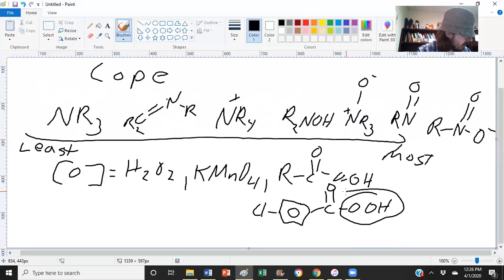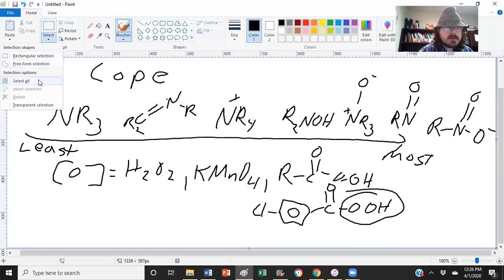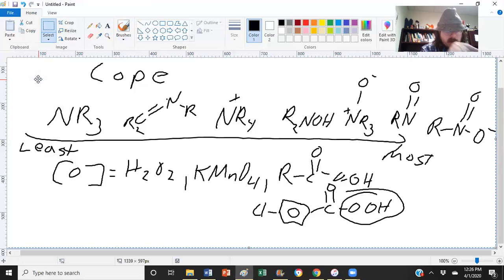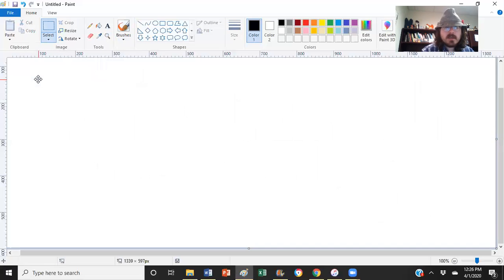So all these will act as oxidants. I'm just going to put a generic O. This is an oxidation. But with that in mind, this could be a hydrogen peroxide, or a peroxy acid, or permanganate. All these would work.